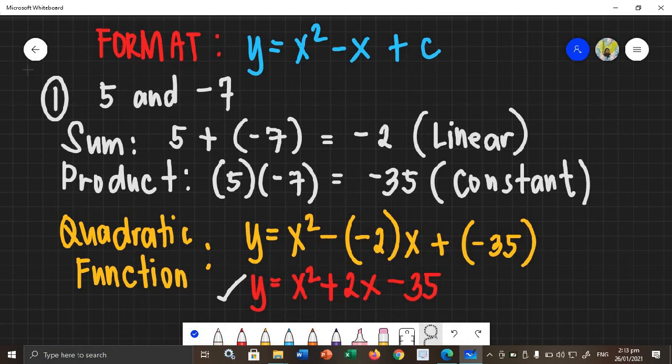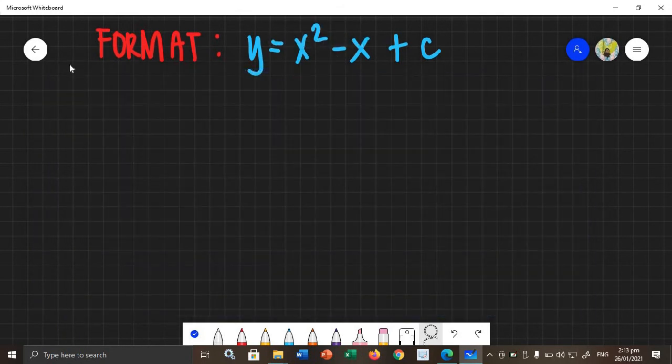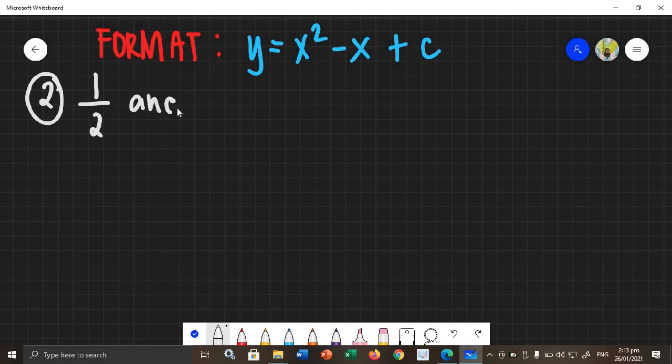How about another example? So, let's say we have a fraction as your zeros. Let's say we have 1/2 and 1/3. Okay?